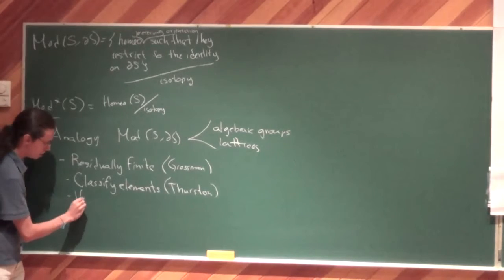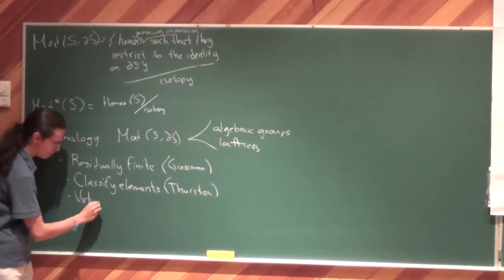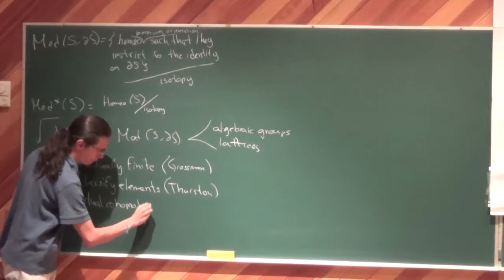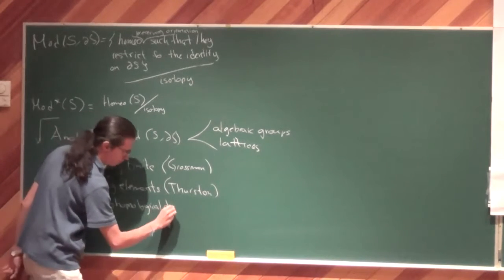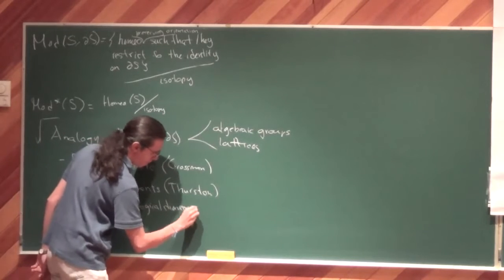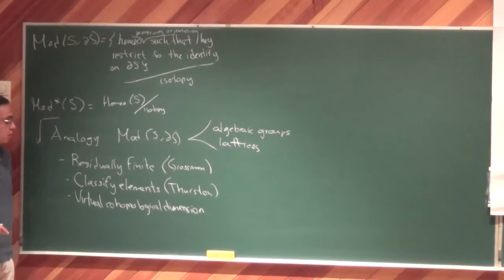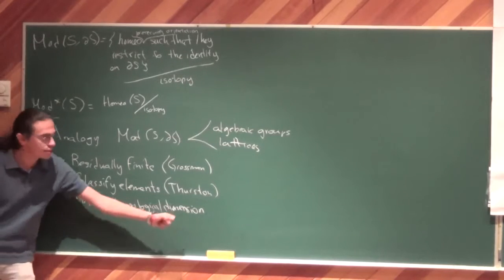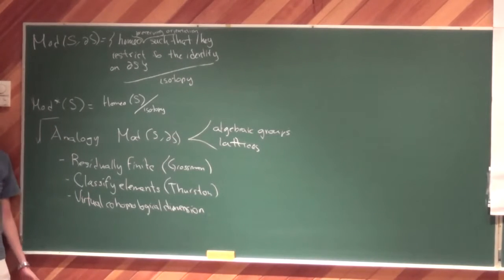The virtual cohomological dimension: the way they calculated it pretty much follows the same outline that was given by Borel and Serre for arithmetic groups.